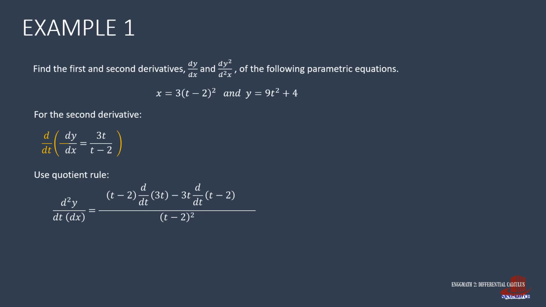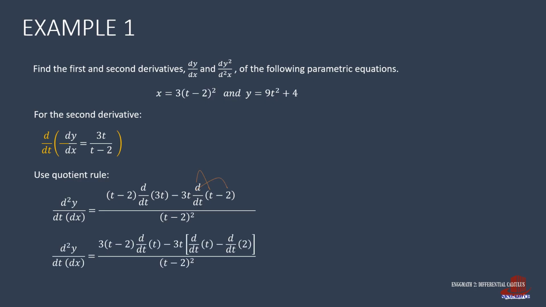At this point, we only simplify and eradicate the d over dt's. From the second term, distribute d over dt among the terms of t and negative 2, making the numerator 3 times the binomial t minus 2, then dt over dt, minus 3t with d over dt of t minus d over dt of 2. dt over dt is 1, and the derivative of a constant is 0, simplifying the whole function into 3 times t minus 2 less 3t over the square of t minus 2.